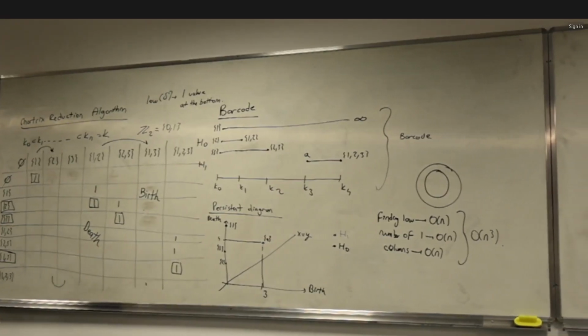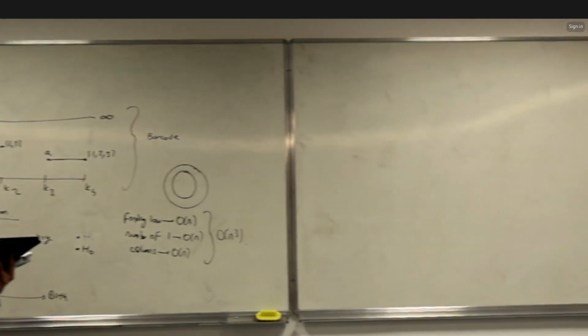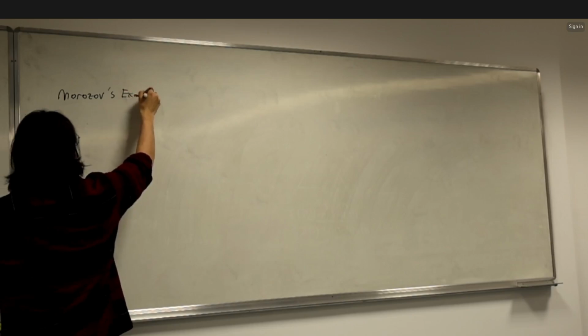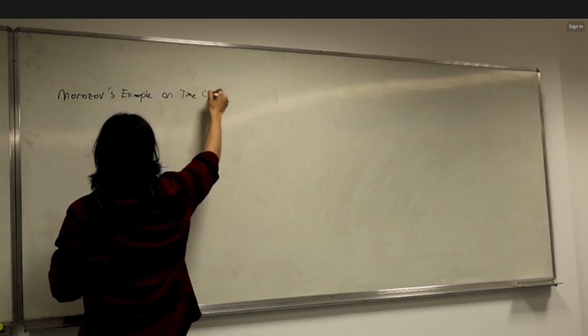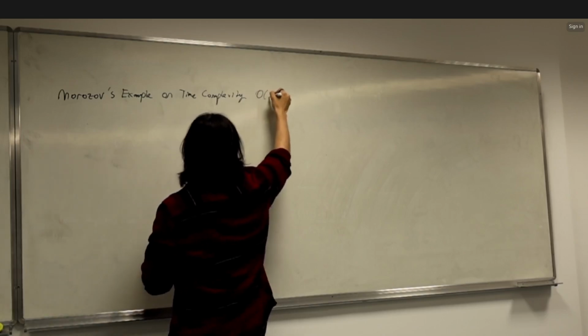Okay. So Morozov first describes the shape of this example. It's the Y cube.